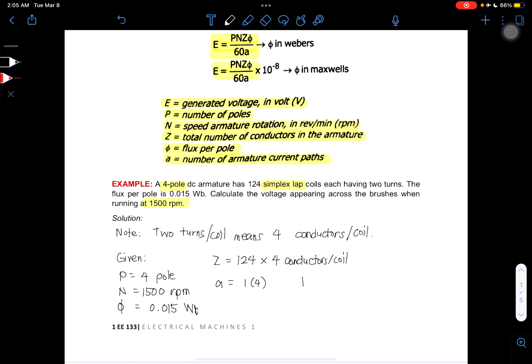Our formula is E is equal to P N Z phi, flux per pole, divided by 60 A. Substitute our given data: 4, 1,500, 124 times 4.